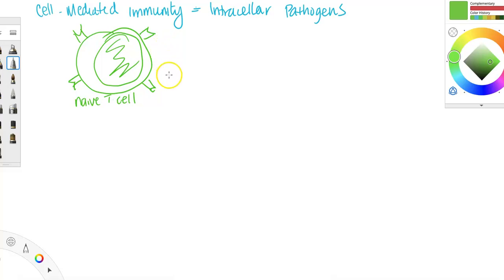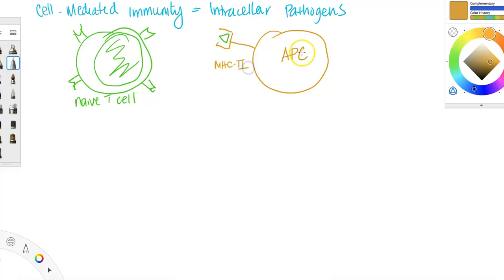Okay, so a T cell always has to be presented its pathogen or antigen, however you want to say. So if we have an antigen presenting cell, it is going to present the antigen on an MHC2 platform.